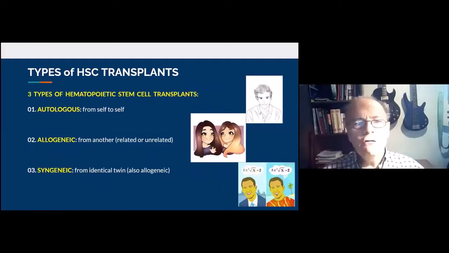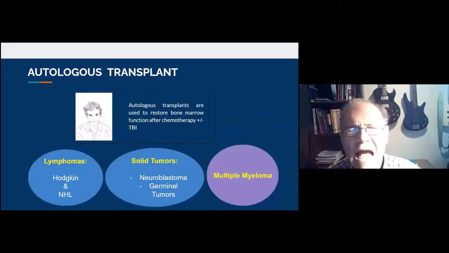There are three types of hematopoietic stem cell transplant: autologous, from self to self; allogenic, from another person, a related sibling donor or an unrelated donor; and syngeneic, from an identical twin, also allogenic. How about autologous transplants?